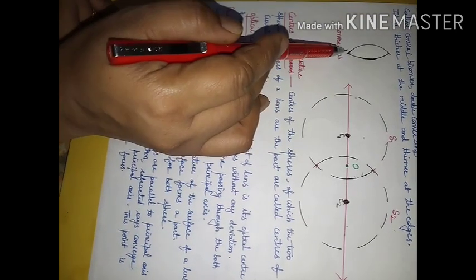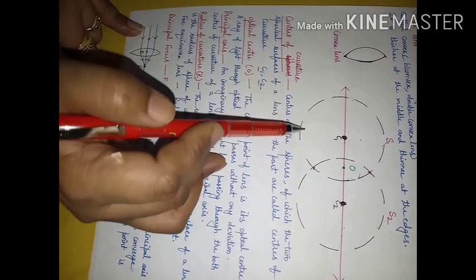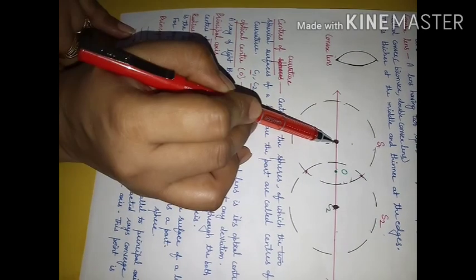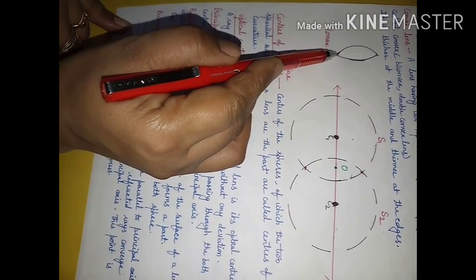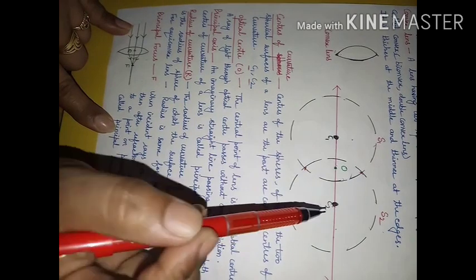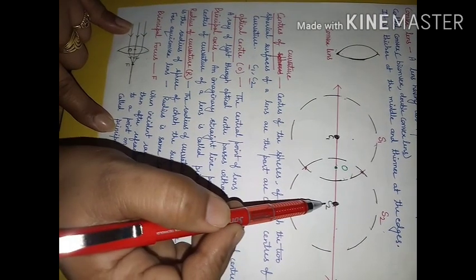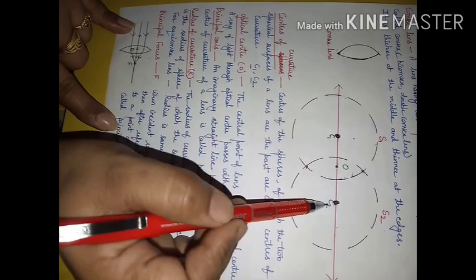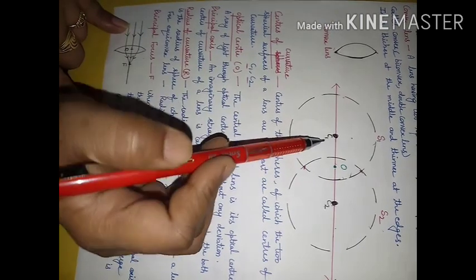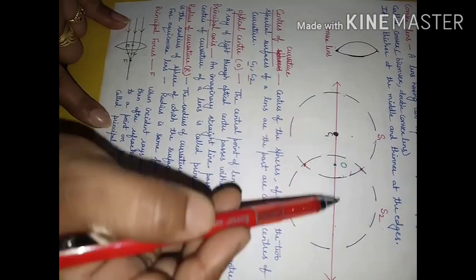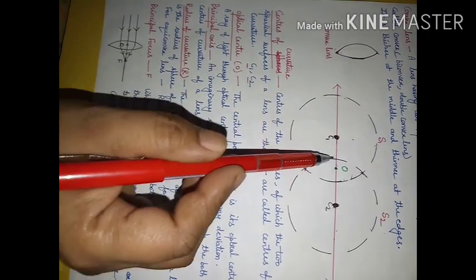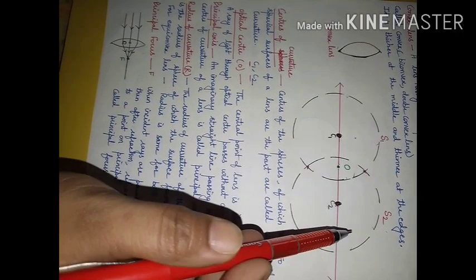For this spherical surface, this sphere is responsible, so its center will be a center of curvature. This other spherical surface is a part of sphere S2, so its center is C2. C1 and C2 are the centers of spheres S1 and S2. So C1 is the center of curvature of S1, and C2 is the center of curvature of S2.